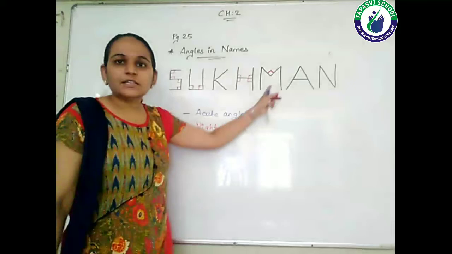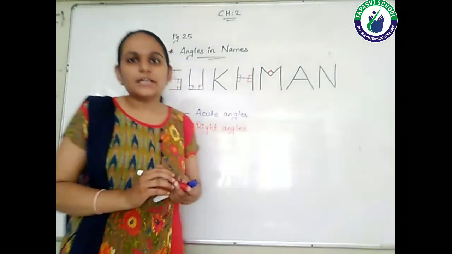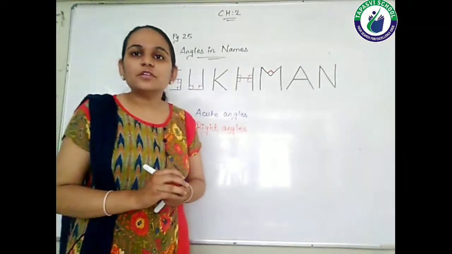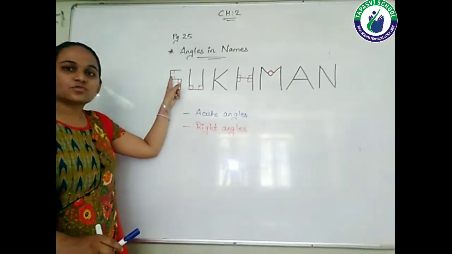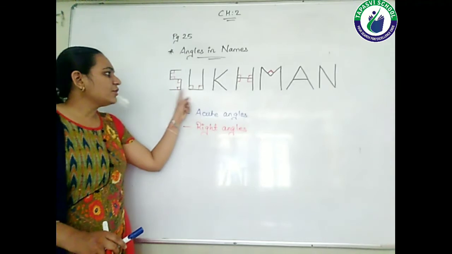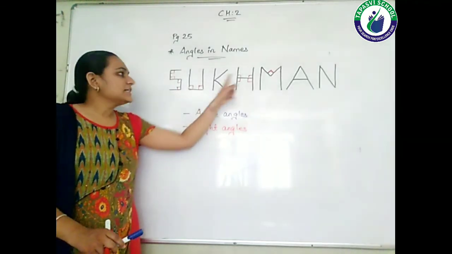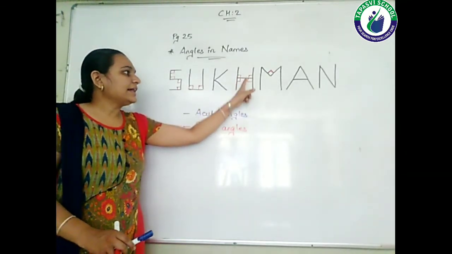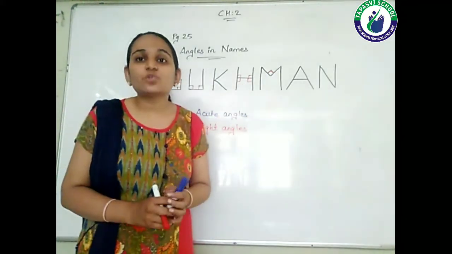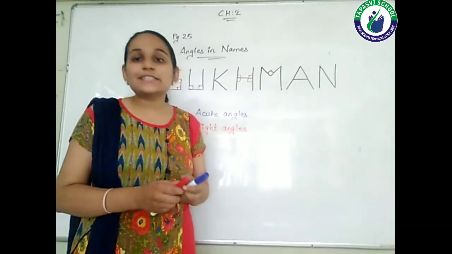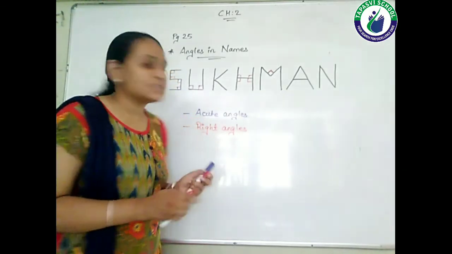So I can count the number of right angles. Once again I am counting for you all: 1, 2, 3, 4, 5, 6, 7, 8, 9, 10, and this one is 11. So students, I can say the total right angles in this name Sukhmet is 11.